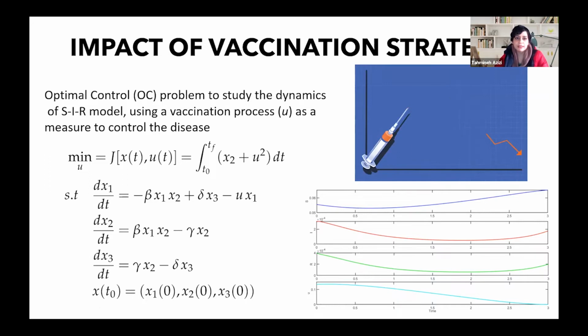I'm going to start from the SIR model that I have. I assume that my vaccine is U. I'm going to represent this vaccination process by a new parameter here. I'm going to apply the vaccine on the population of the first compartment, the susceptible X1, as you see here, because we vaccinate susceptible people, right?